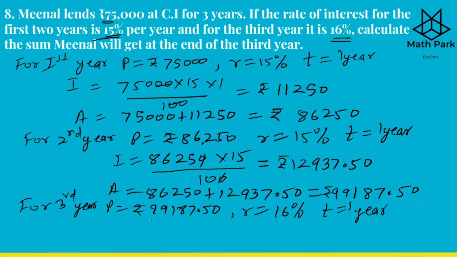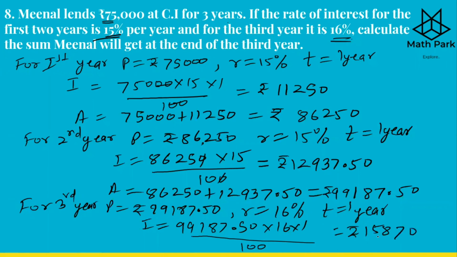So we get interest is equal to 99,187.50 into 16 into 1 upon 100. Calculate this. You can shift the decimal here and you can have 991.875 and then multiply by 16 and you get the interest as rupees 15,870. This is the interest.